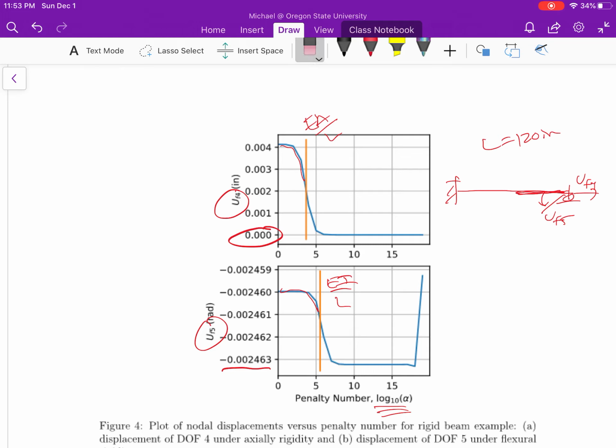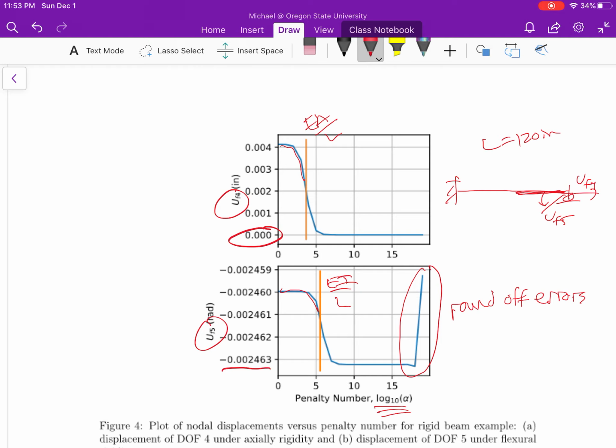But you notice that as you get to very high values of the penalty number, the numerical solution starts to break down due to round-off errors. So you can't make your penalty numbers astronomically stiff. If they go too high, then it starts to clobber out all the realistic smaller values within your stiffness matrix.